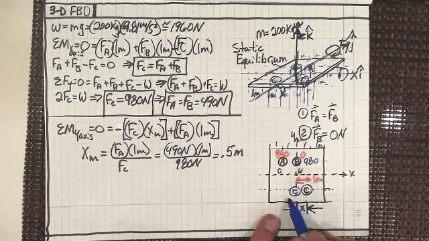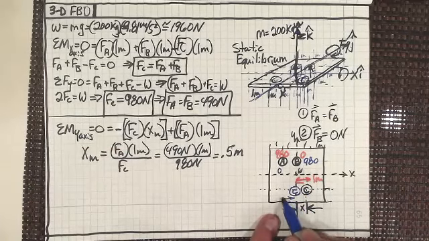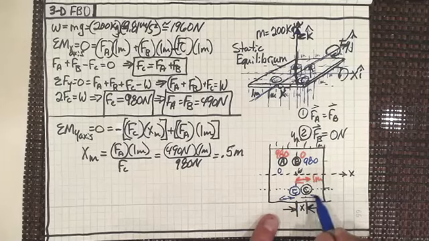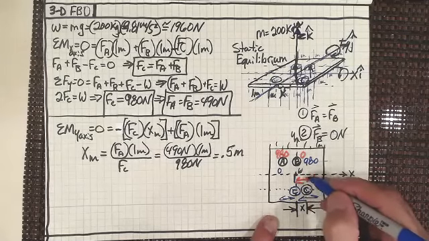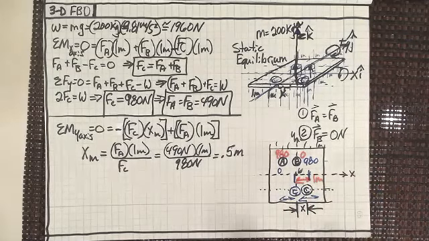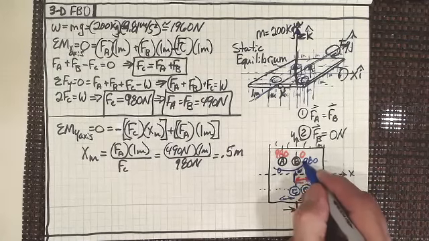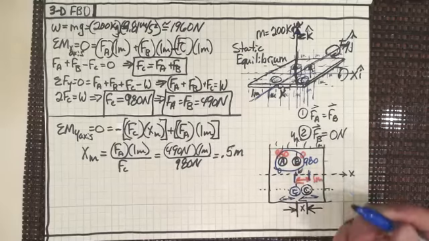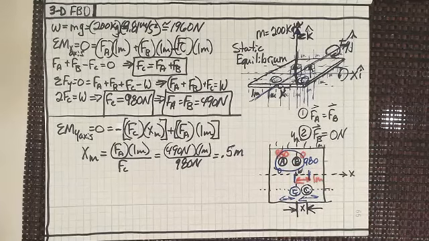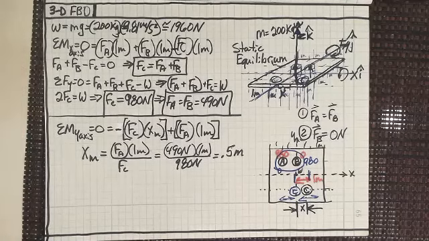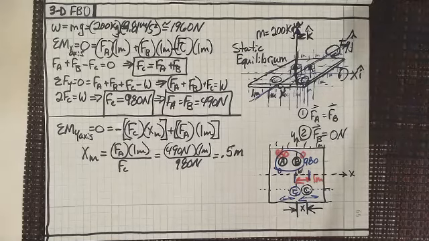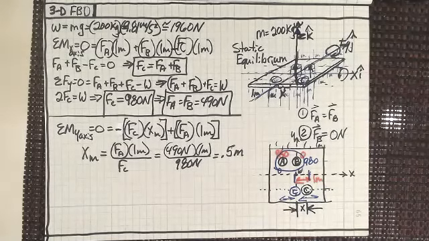So as I move between these two locations, between here and here, I'm changing the distribution of weight on those two columns by 980 newtons.